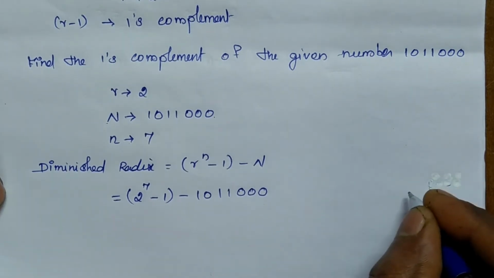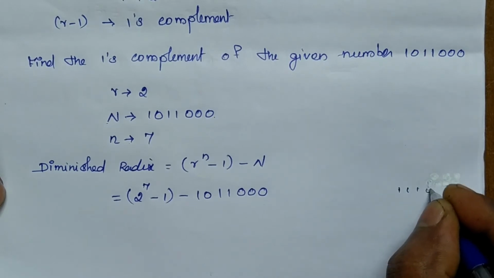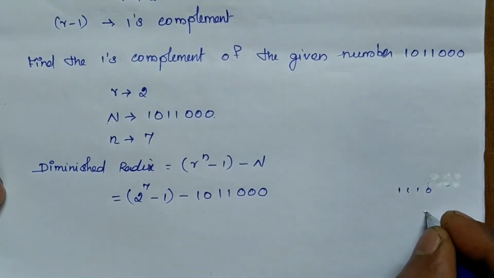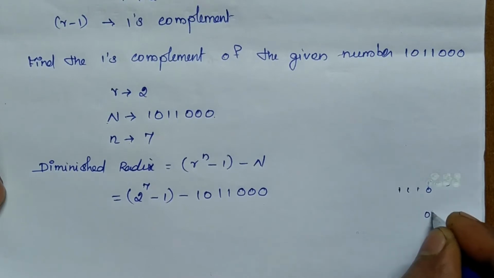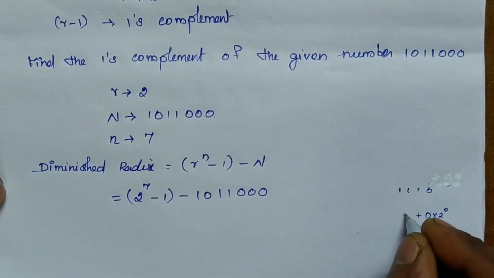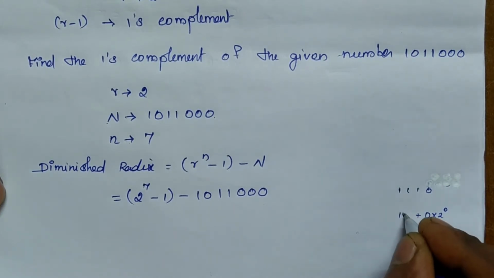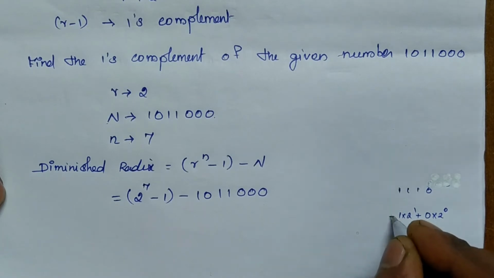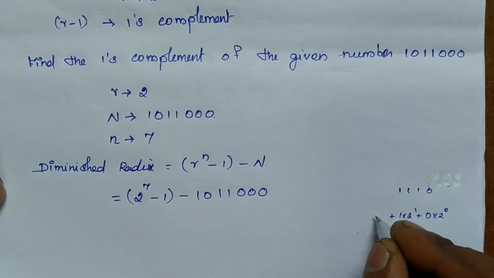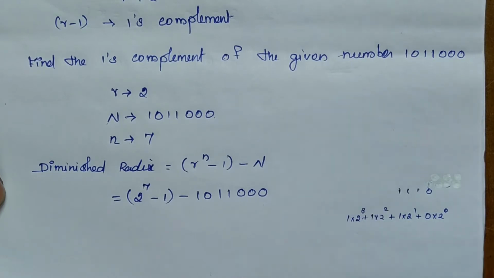Here normally if I am having a digits values like this, means here first one its coefficient value is 0 into 2 power 0 plus here second one 1 into 2 power 1 plus next one 1 into 2 power 2 plus next one 1 into 2 power 3.